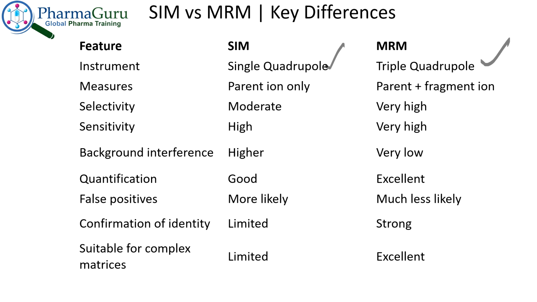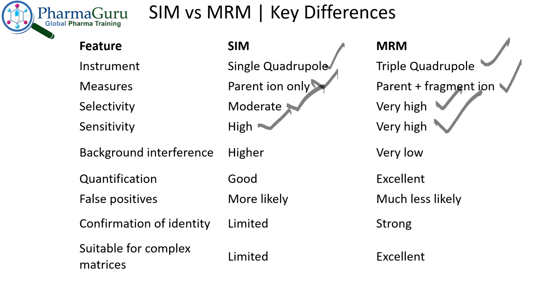Measures: SIM measures only the parent ion, whereas MRM measures parent ion plus fragment ion. Selectivity: SIM shows moderate selectivity, whereas MRM shows very high selectivity. Sensitivity: SIM has high, whereas MRM has very high.